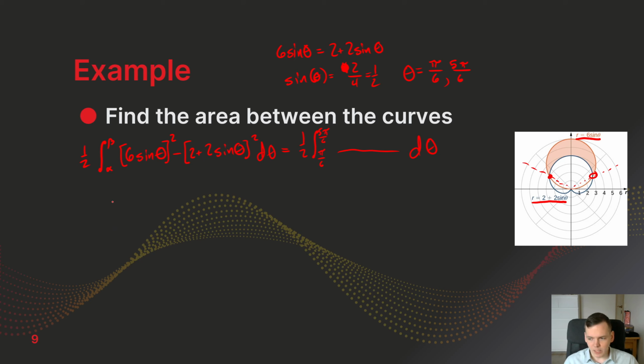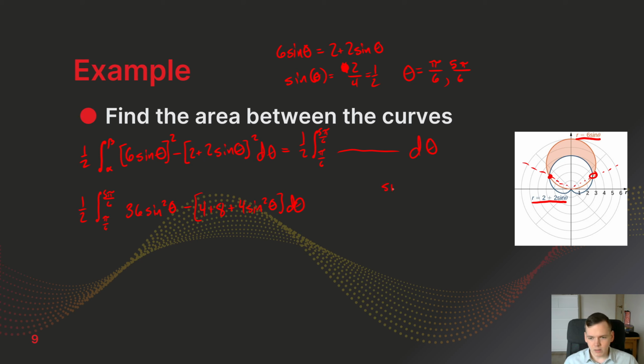Expanding this out, I'm going to skip a couple steps here, but we end up simplifying to the integral from pi over 6 to 5 pi over 6 of 36 sine squared theta minus 4 plus 8 sine theta plus 4 sine squared theta, d theta.